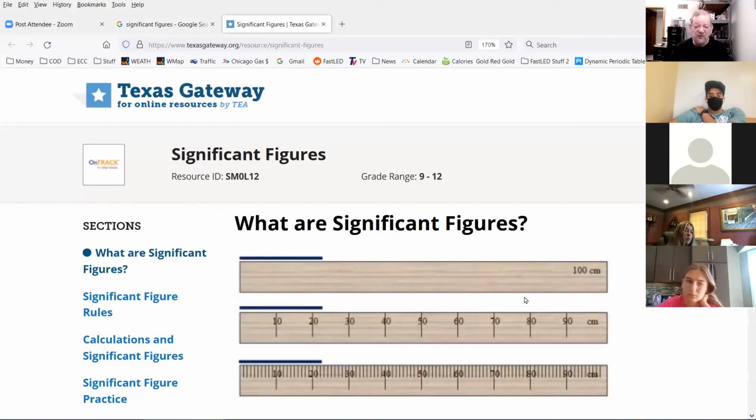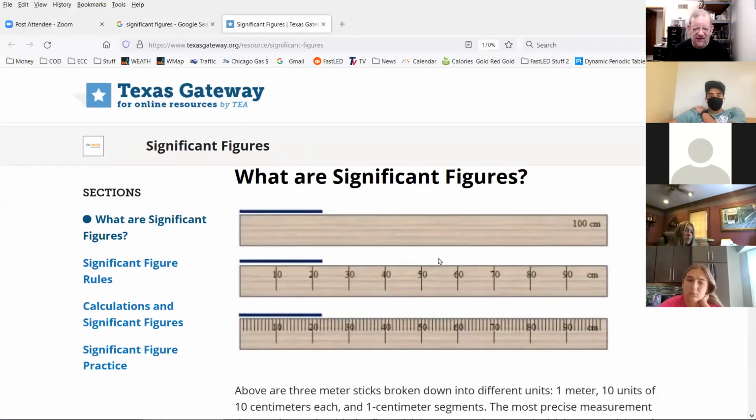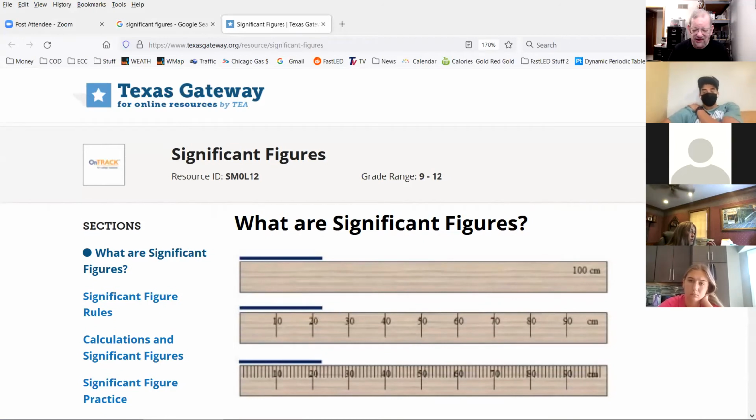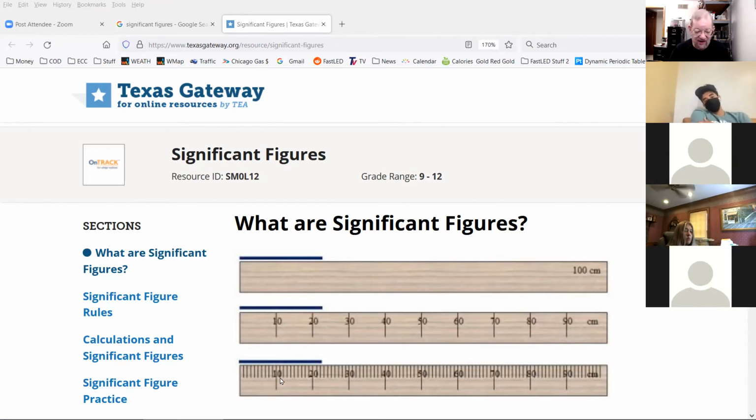Does everybody see what are significant figures on your screen right now? Thank you. Now notice I have 3 rulers here. The first one only measures from 0 to 100 centimeters. The second one does the same length, but you see it's measured in every 10 centimeters. And the last one is every 1 centimeter.